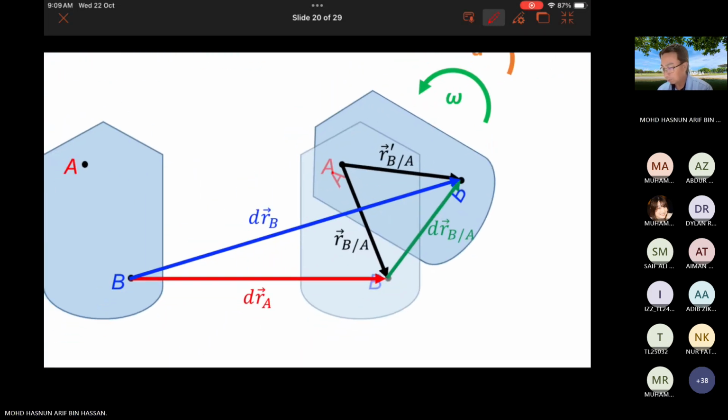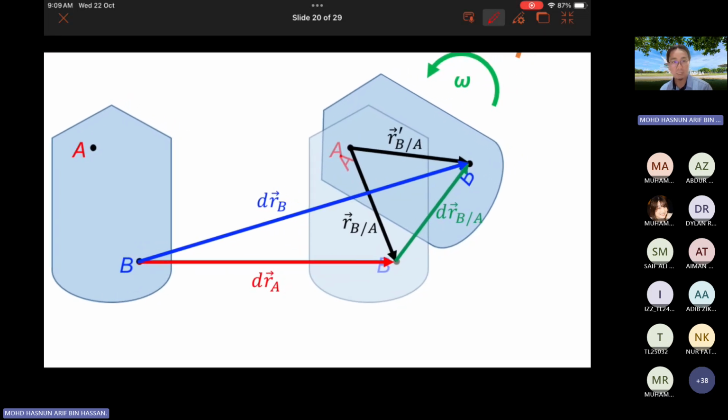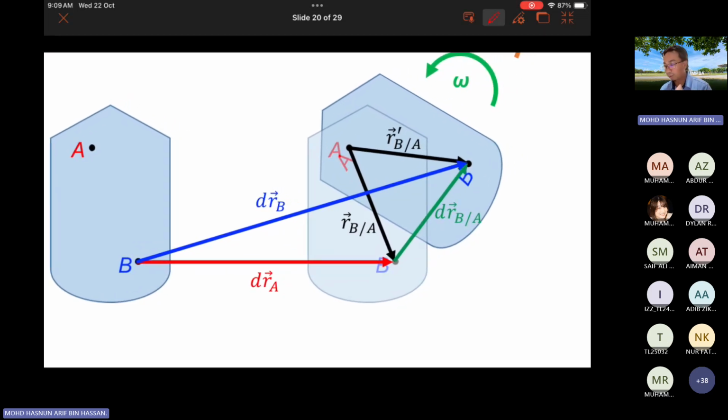Which is DRB. Starting from position 1, position 1 is basically here. Let's call this position 1 prime, the intermediate position. It is undergoing translation, and position number 2 is after the body has rotated.